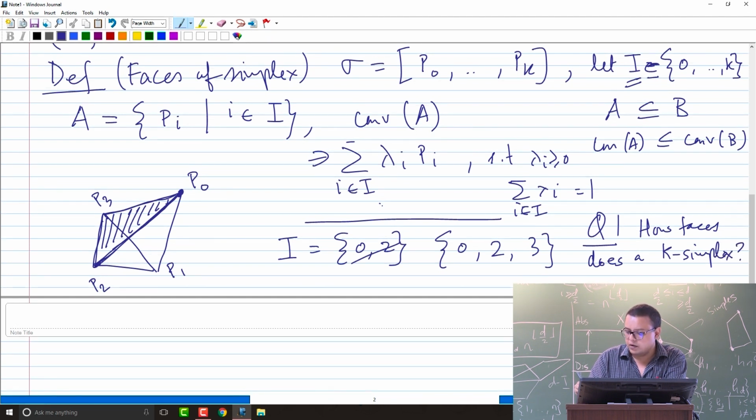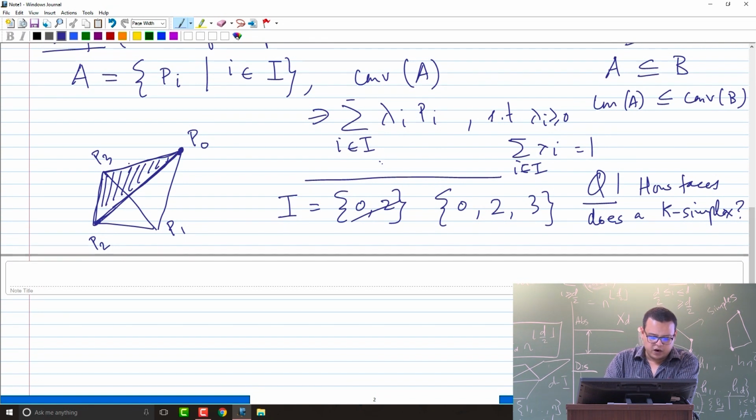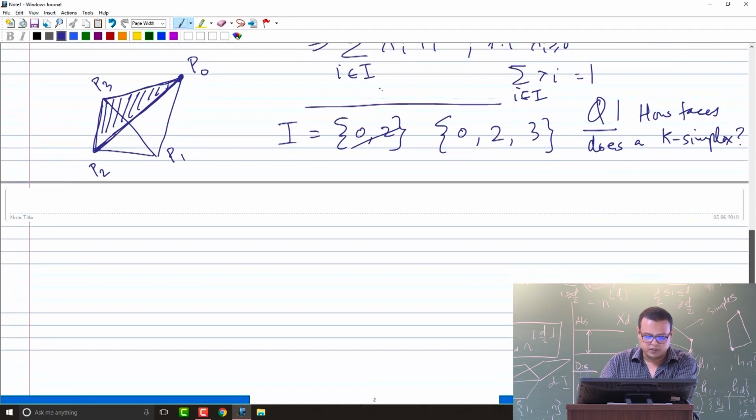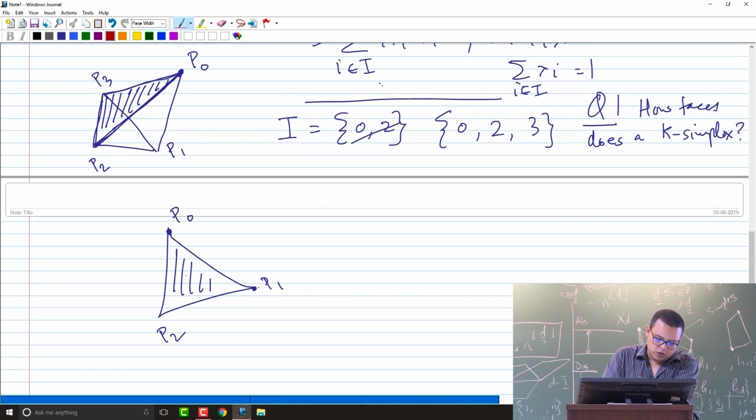When I say k simplex, it means a simplex whose dimension is k. Let us now take a triangle case first, so it will be easier to draw. So here we have P naught, P1, P2. I take another subset inside this red thing.